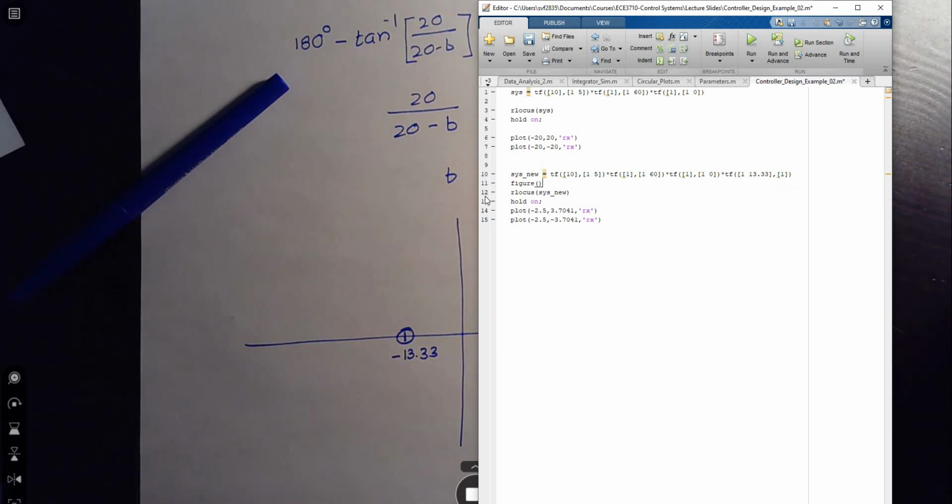Then we're going to plot this in a new figure, a new root locus of the new system with the controller: 60 and then 1, 0. We have the S term, we have everything, we have the zero. And then again, we're going to plot our desired system poles. First, let's try without them.